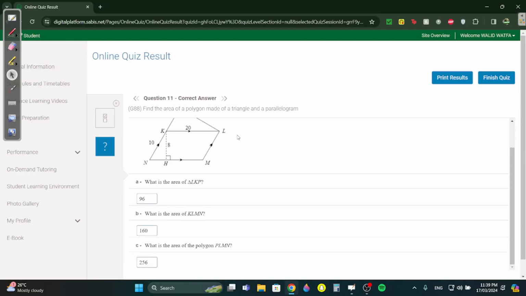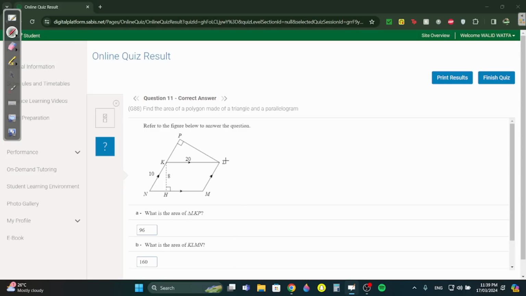Same style of question. I'll go over it a bit quicker this time. Area of LKP. Write down on your paper, LKP is similar to KNH. This angle is always with this angle, for L with K. So angle K over here, we said is equal to N, because of the parallel lines, corresponding.